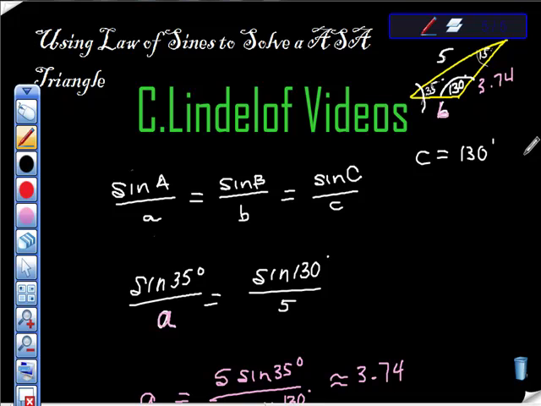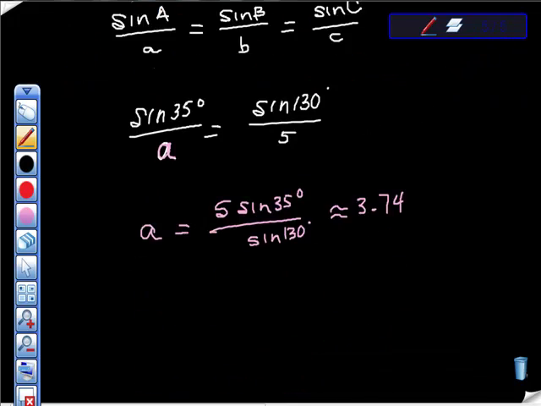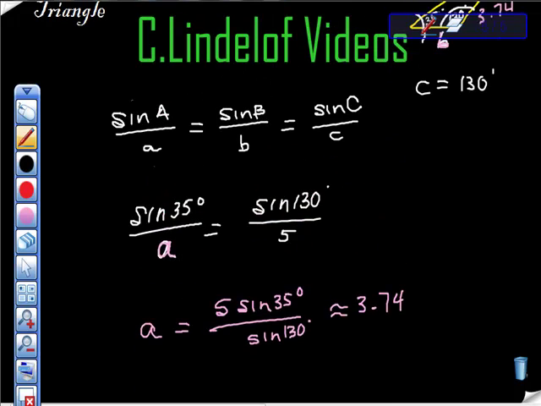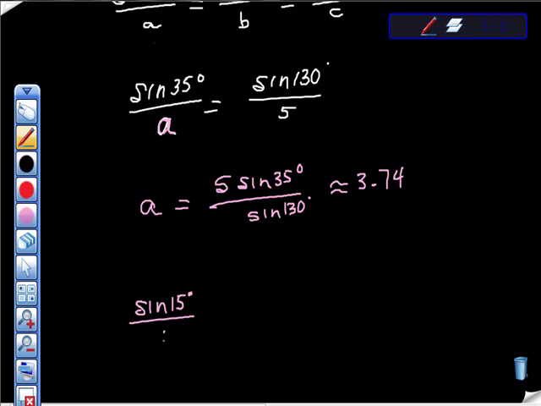I'm going to do something very similar there. Its corresponding sine value would be sine of 15 degrees, so I take sine of 15 degrees over B, which is equal to sine 130 degrees over 5.